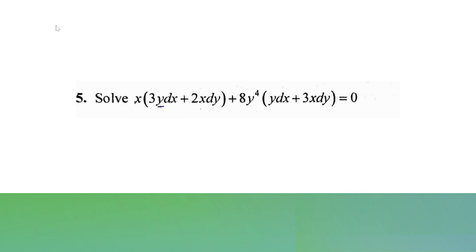We see that it is not of the previous form, so use this one: x raised to power a, y raised to power b of the form m y dx plus n x dy, with dx multiplied by y and dy multiplied by x, and plus x raised to power r, y raised to power s into (py dx plus qx dy), with dx multiplied by y and dy multiplied by x, equal to 0.